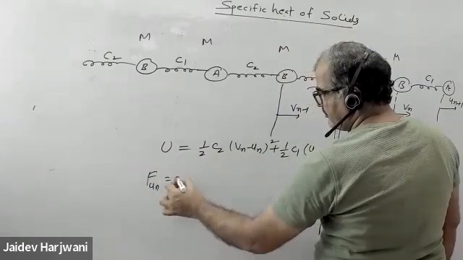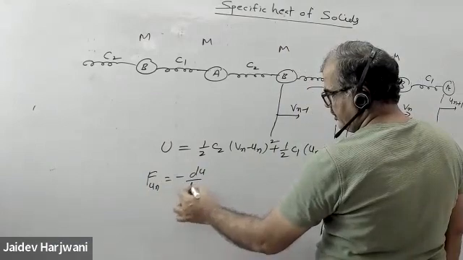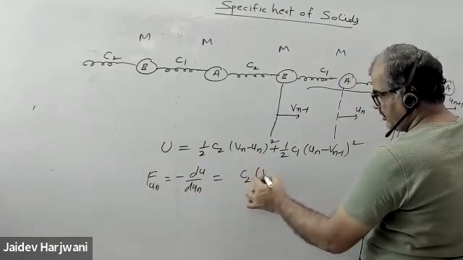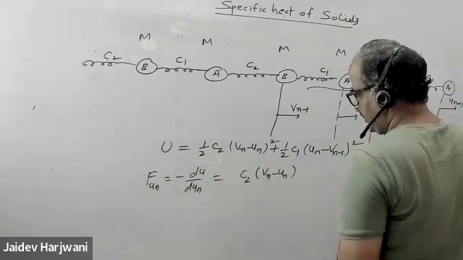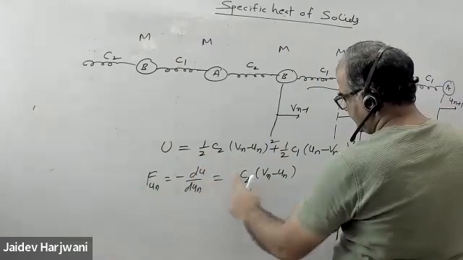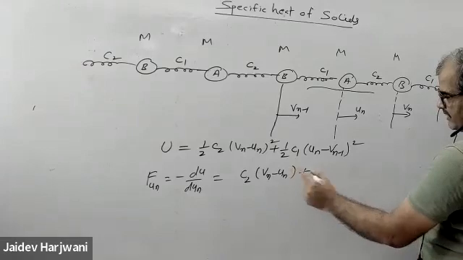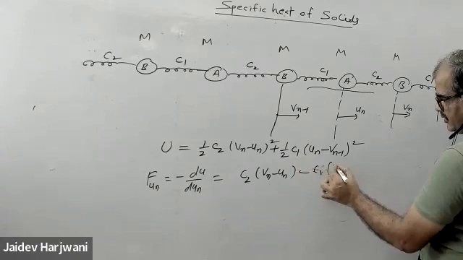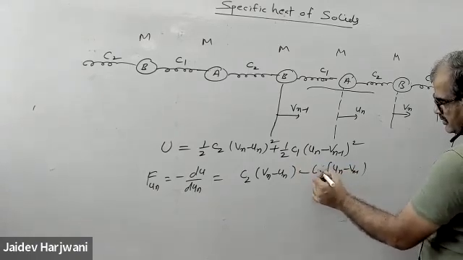Okay. Now you want to find the force on Un. Force on Un will be minus dU upon dUn. If you solve this, you'll get C2 (Vn minus Un), the 2 cancels. So minus, plus. And this becomes minus 2 C1 (Un minus Vn minus 1), and this other term is 0.